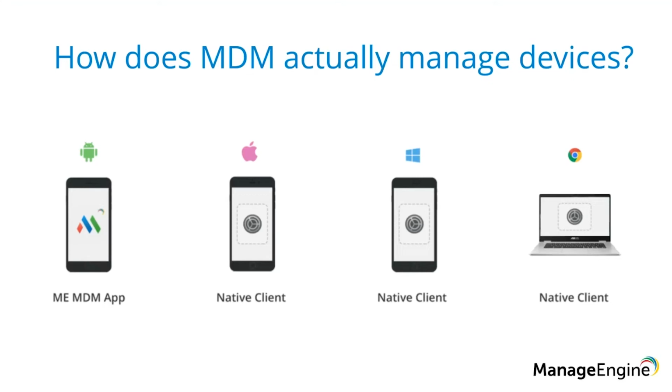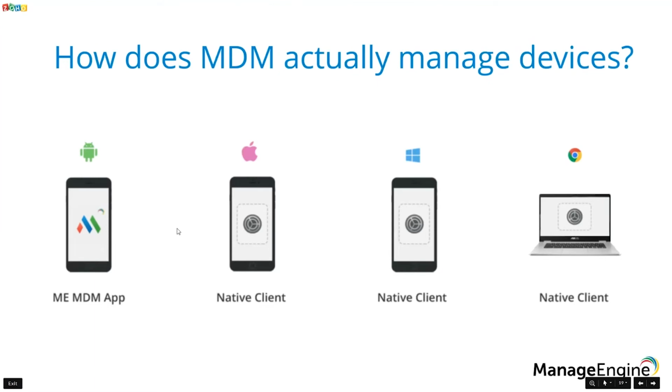But when it comes to Apple, Windows, and Chrome devices, you don't need to necessarily install another application to manage. We just leverage the native OS client available on these devices, through which you can get the management control. This is like a certificate installation through which you get the access on these devices, right? So for Android, you need to necessarily have the app, but when it comes to Apple, Windows, and Chromebooks, you just need to install the MDM profile.